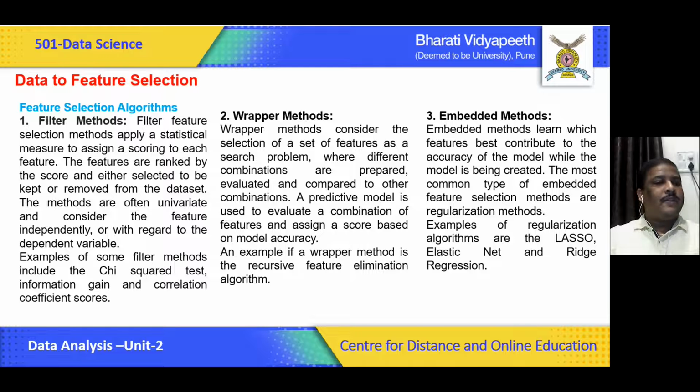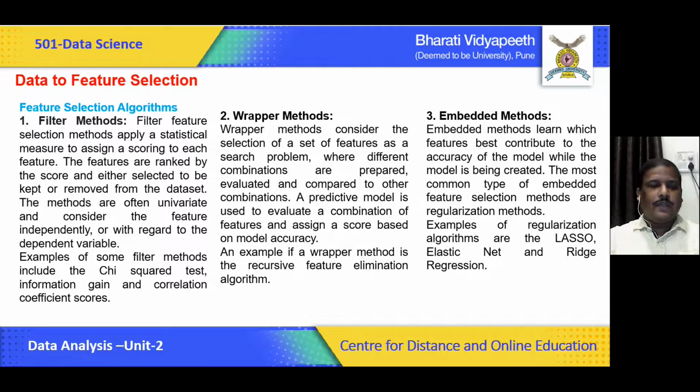First is filter methods, the second is wrapper methods, and the last one is embedded methods. In these different kinds of algorithms we can select the features we have made out of our data. Based on the different kinds of data, we have made different kinds of features, so now we have to select them through different algorithms.